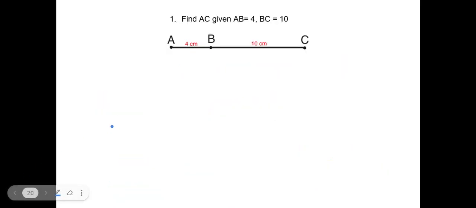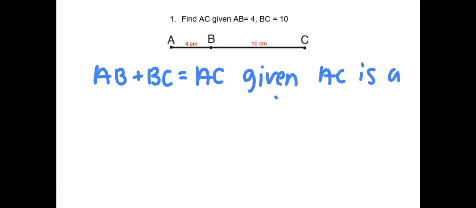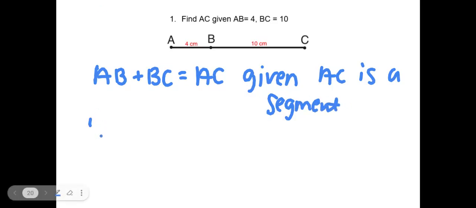Okay, then I have an example that uses this. So find AC given that AB is 4 and BC is 10. So I know that AB plus BC equals AC given that AC is a segment. So 4 plus 10 equals AC.